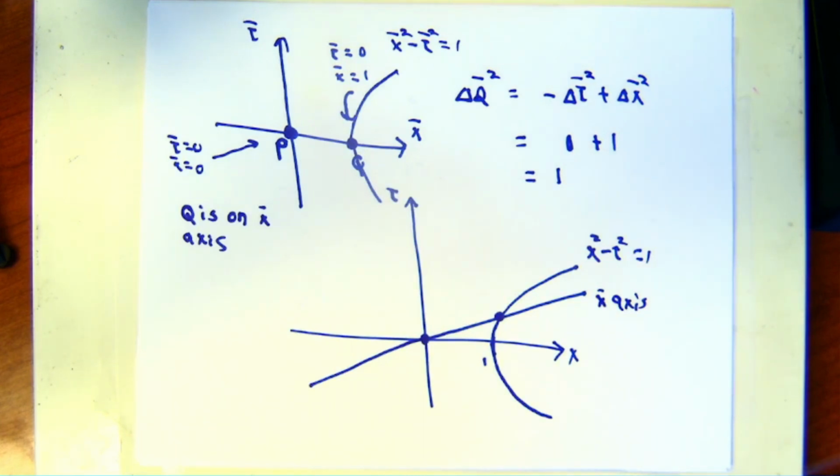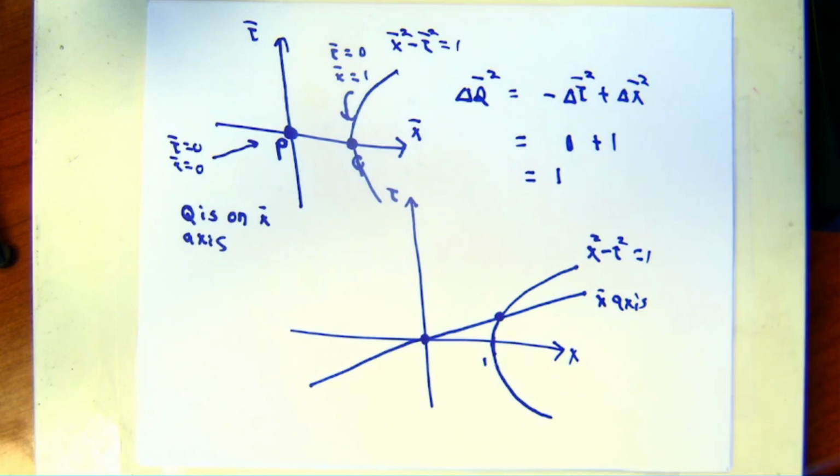If I think about X bar squared minus T bar squared equals 1, this is part of my whole invariant hyperbola idea. Point Q is on the invariant hyperbola. In fact, it's a vertex of it. On the other hand, point Q is on the X bar axis, which we know how to draw in the space-time diagram of the unbarred coordinates. Invariant hyperbola is x squared minus t squared equals 1, and the X bar axis had that funny symmetry.